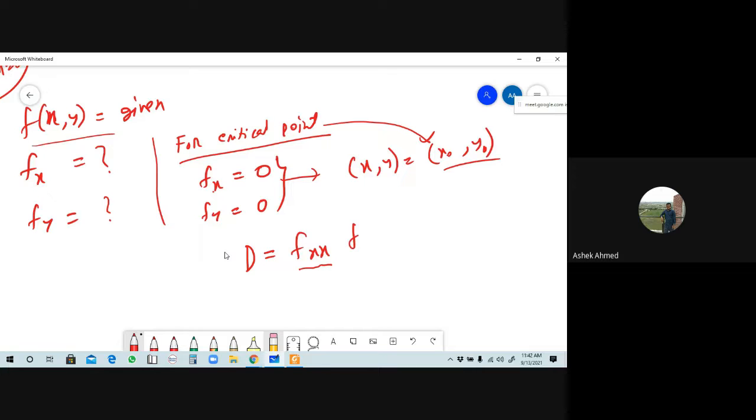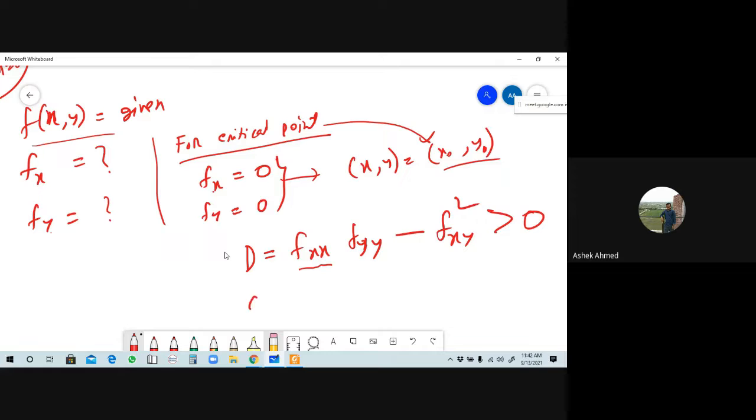Now tell me the value of f suffix yy. Taking the partial derivative with respect to y and then again with respect to y gives the second partial derivative of f with respect to y, minus f suffix xy squared. This represents the partial derivative of f with respect to x and y. This value should be greater than 0 for a critical point.